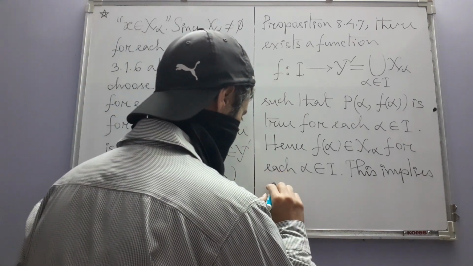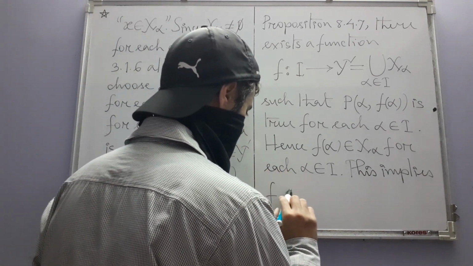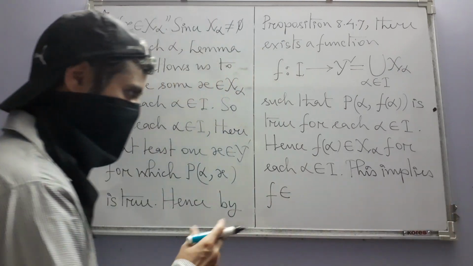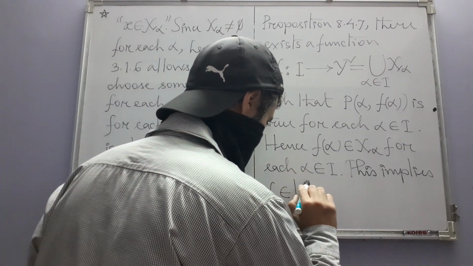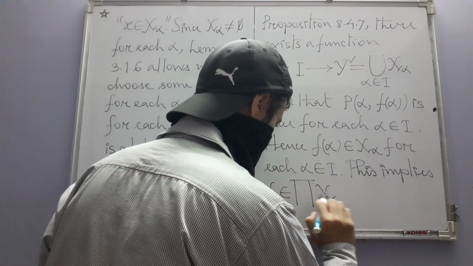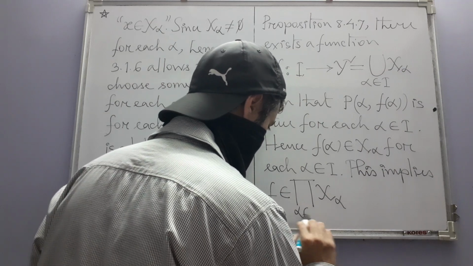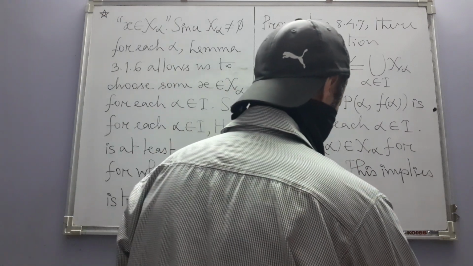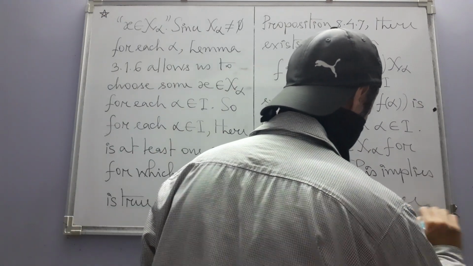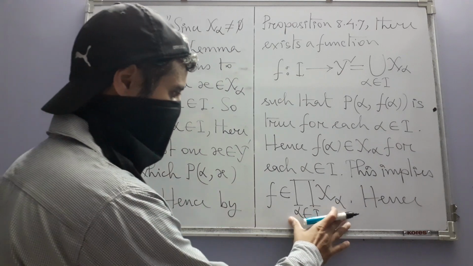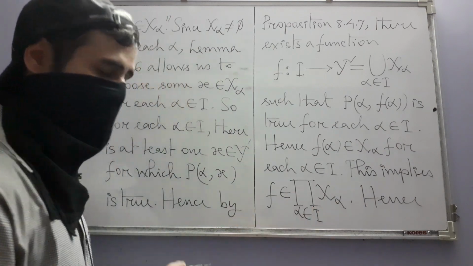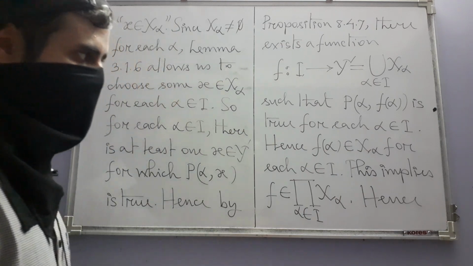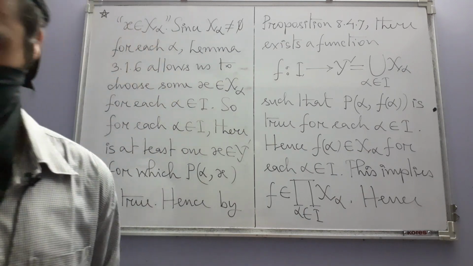So this implies that f, let me just directly write it instead of writing f is an I tuple, because if I just simply write this, then that automatically means X is an I tuple. Hence, so that's it. We have been able to show that there is at least one element in this Cartesian product. So the Cartesian product is non-empty, and that is the conclusion of the axiom of choice.